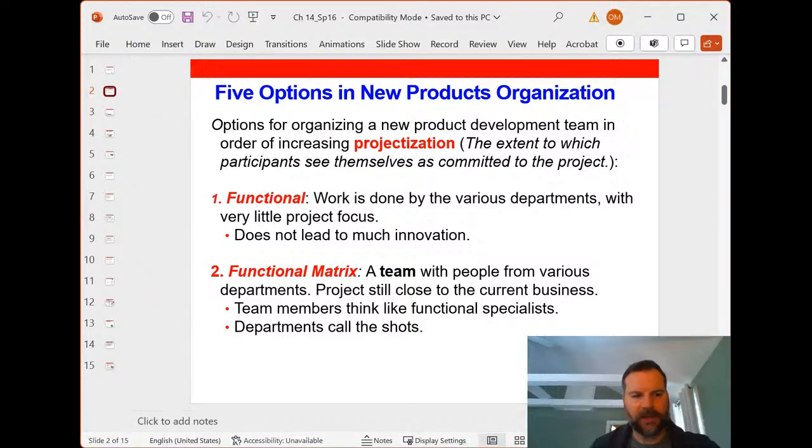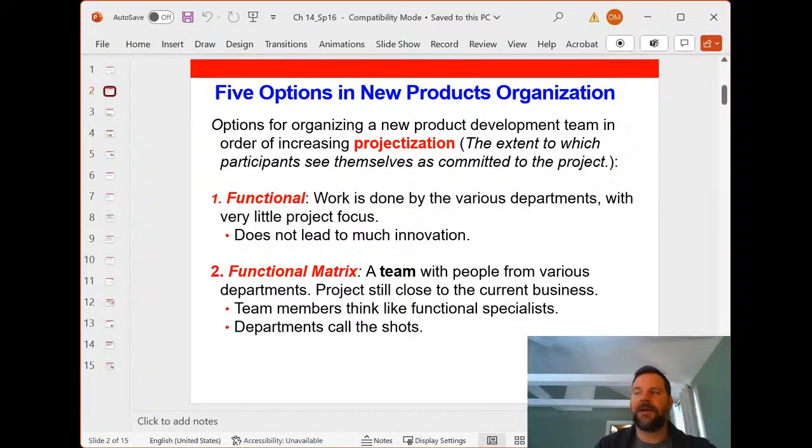And just like products can be on that spectrum from incremental to radical, productization can be on a spectrum as well. On one end of this is a functional team where the work is done by various departments, and they don't really focus on the product very much. This is what you want to do if you don't want much innovation.